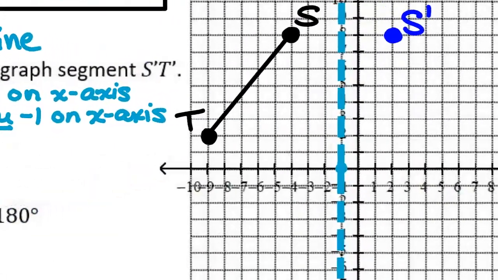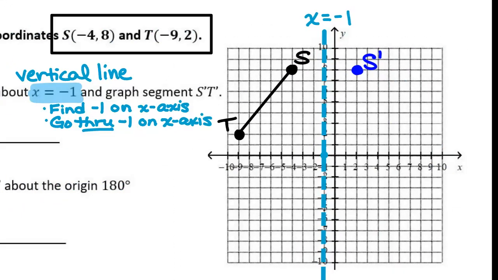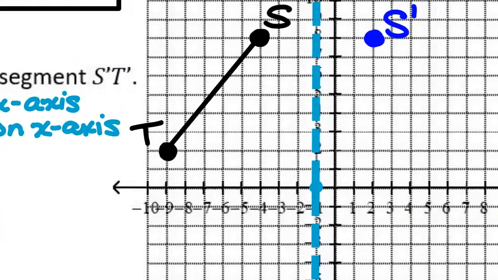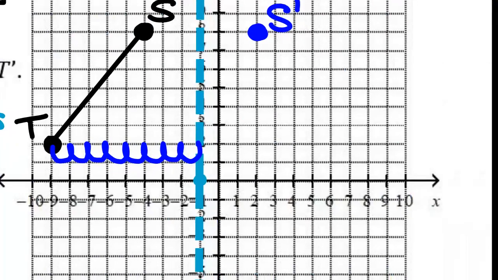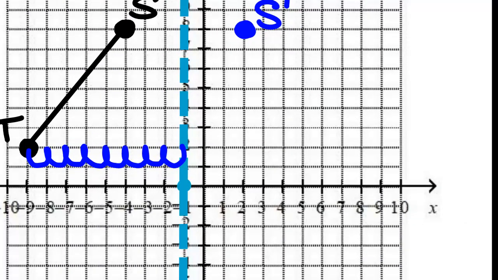All right, now we're going to do the same thing with T. I need a mirror image, so I know it's going to end up over here somewhere since it is a reflection, but I need to figure out exactly where, which means I need to know how far away from that vertical line point T is. How far away is it? 8. 1, 2, 3, 4, 5, 6, 7, 8. So to make a mirror image, I need to go the same distance on the other side. 1, 2, 3, 4, 5, 6, 7, 8.